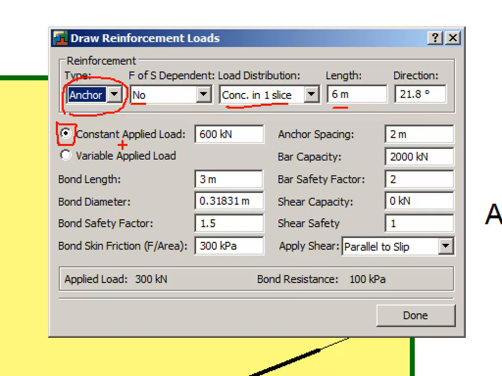It's a useful option to try and answer the question, what do I need out of my reinforcement to get a particular factor of safety? If we use the variable load, which we will do in just a minute, then the anchor load is dependent on the position of the trial slip surface relative to the bond length. So to start with, we are going to start with the option constant applied load.